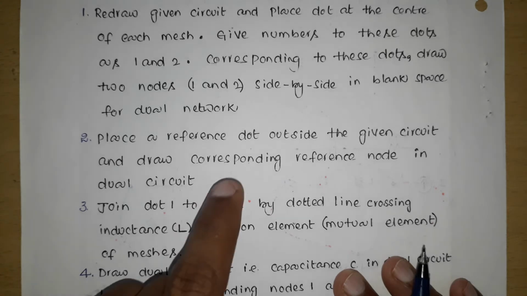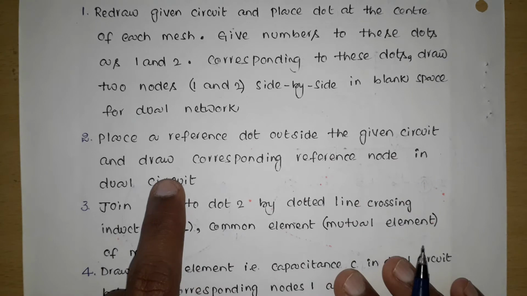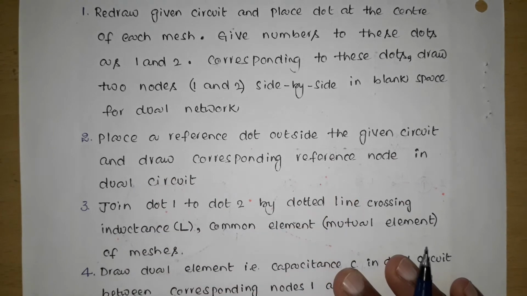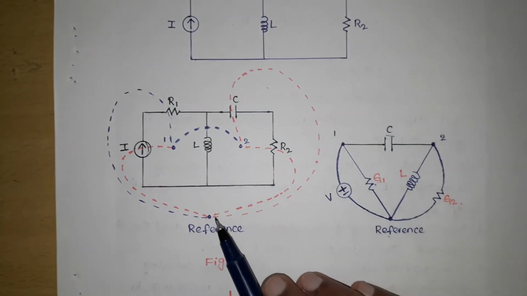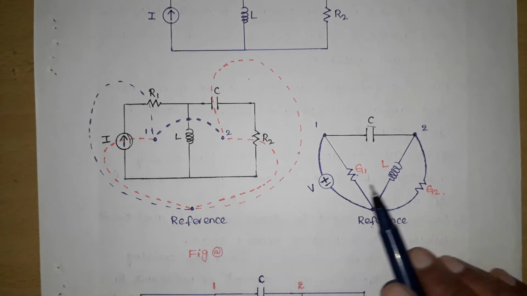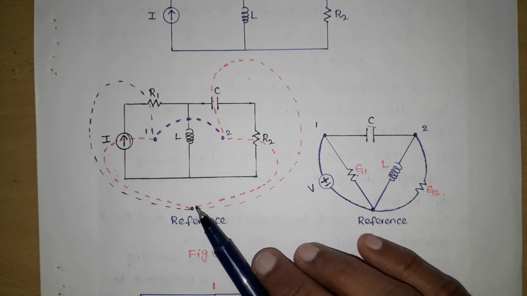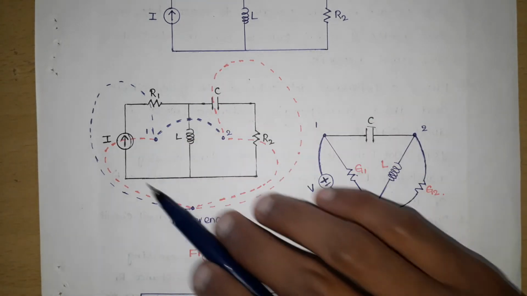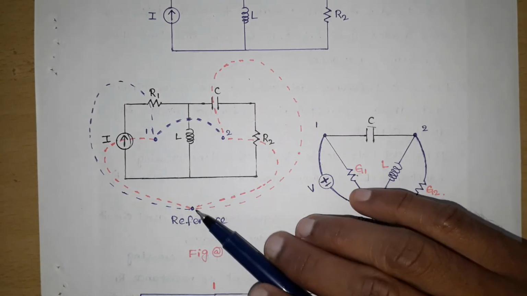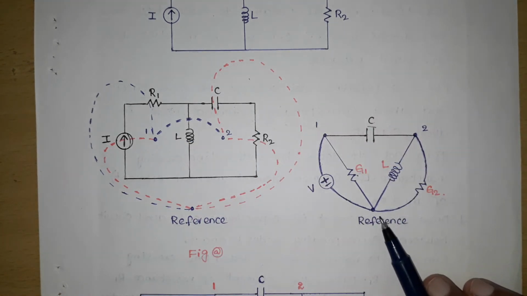So here we place a reference dot outside the given circuit, and in the dual circuit we place a reference node.